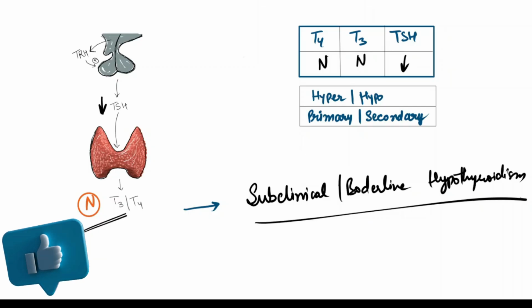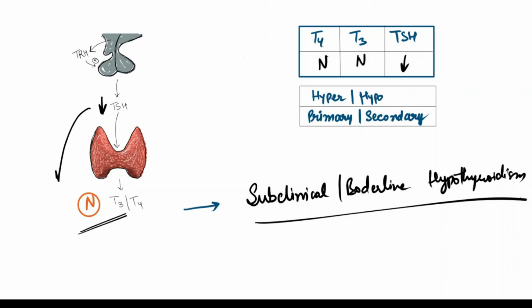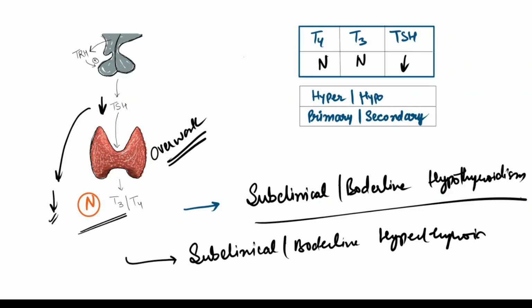Because of the decreased TSH level, ideally there should be decreased production of T3 and T4, but the thyroid gland begins to overfunction, and that's why it increases the production of T3 and T4. But as this is the starting of overfunctioning, the levels of T3 and T4 are normal despite low TSH. So this is the case of subclinical or borderline hyperthyroidism.